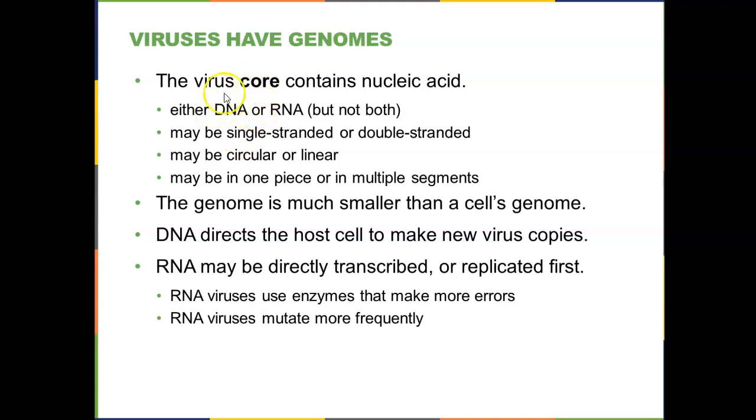More commonly, the DNA viruses are double-stranded because viruses genetically look like their hosts, and all living things out there have double-stranded DNA. So most of the DNA viruses are double-stranded. And similarly, most of the RNA in most cells is single-stranded. Think of messenger RNA or transfer RNA or ribosomal RNA.